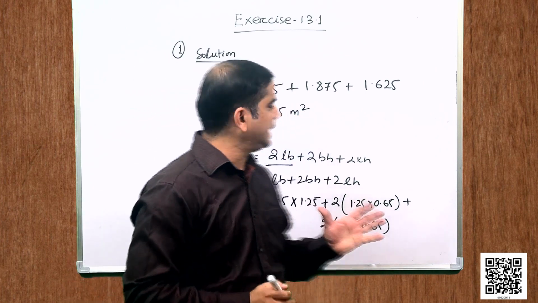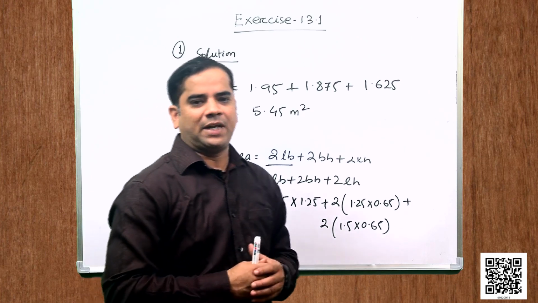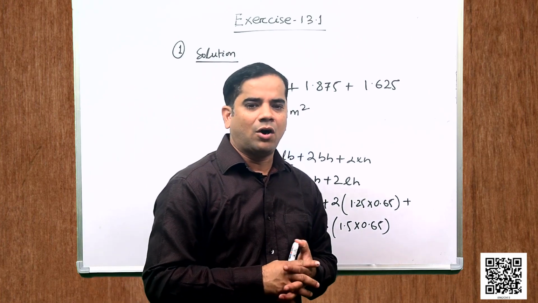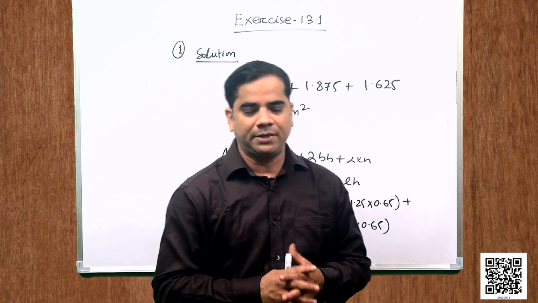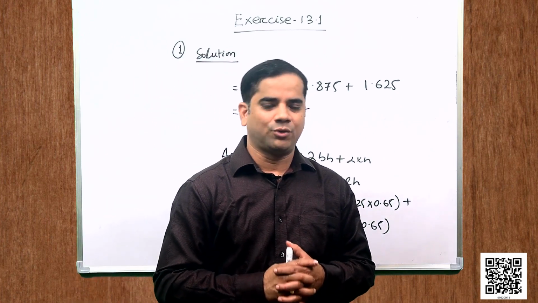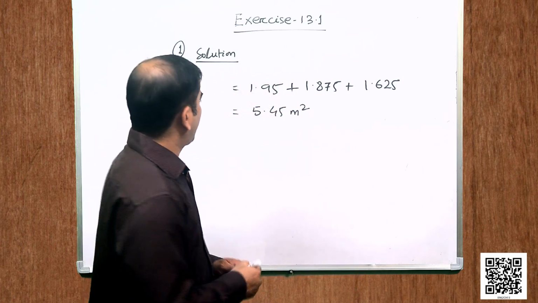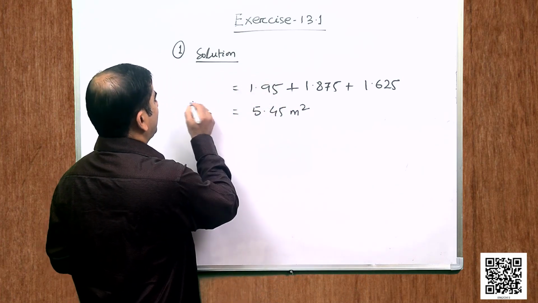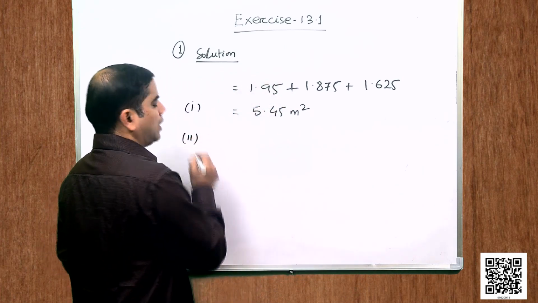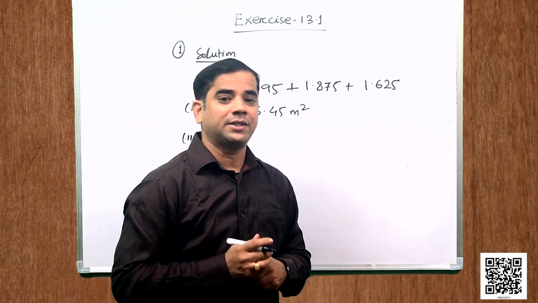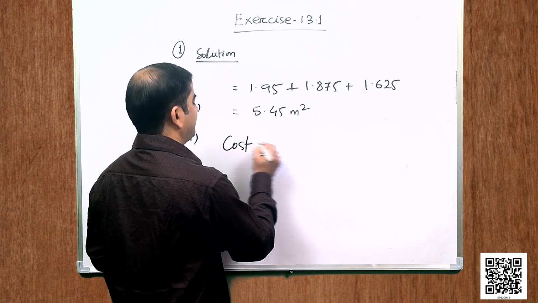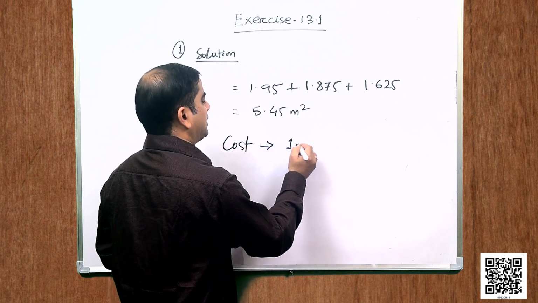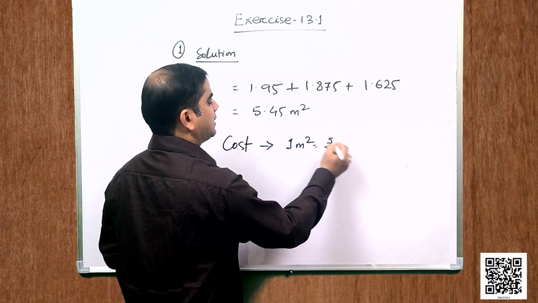So, this is the area, that means your surface area of the box excluding the top, because it is open. Okay. Now, this is the solution for part 1. Part 2 asks for the cost of the sheet. So, cost as it is given for 1 meter square is rupees 20.